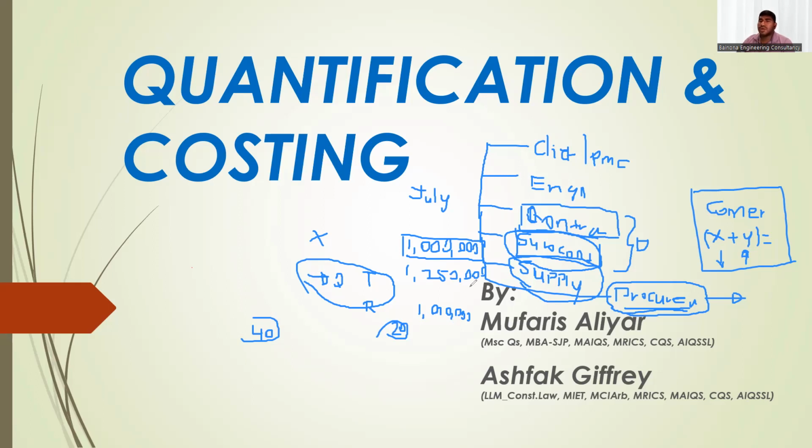So the quantity surveyor's duty, or the commercial manager and his team's duty, is to receive the budget from the estimation department and control the project within a predefined budget. If the project exceeds the budget, your company is in loss. And if your company is in loss, they will put the knife on your neck.